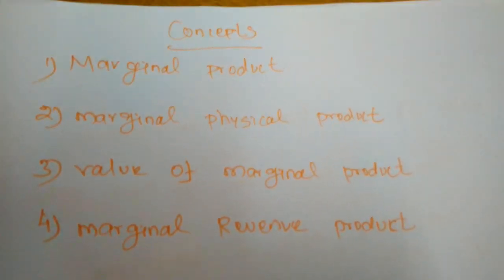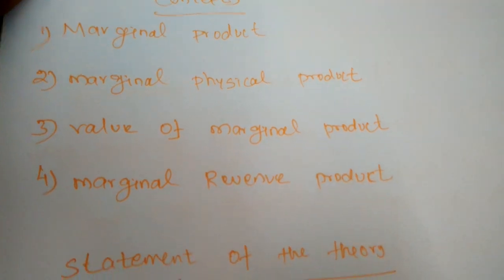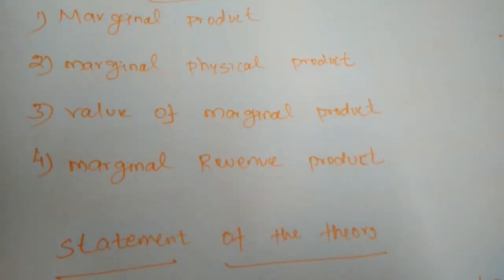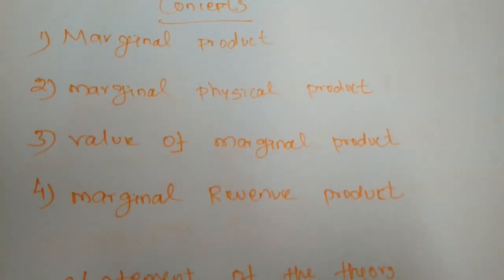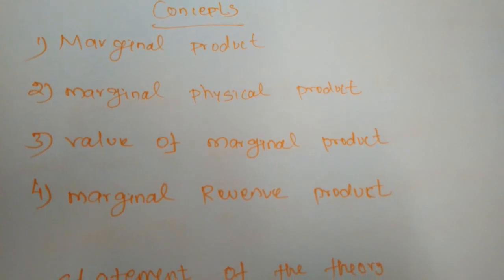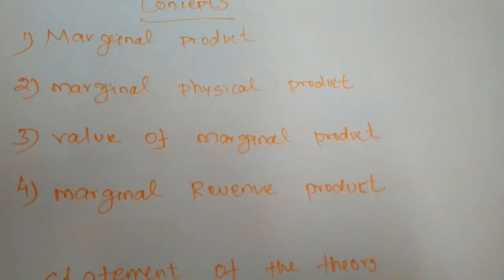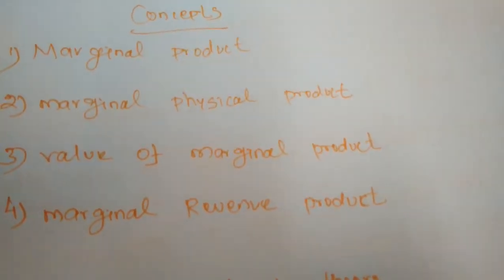After that we studied some concepts: marginal product, marginal physical product, value of marginal product, and marginal revenue product. The marginal product of a factor of production means the addition made to the total product by employing an additional unit of that factor.